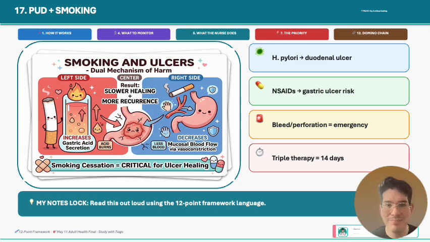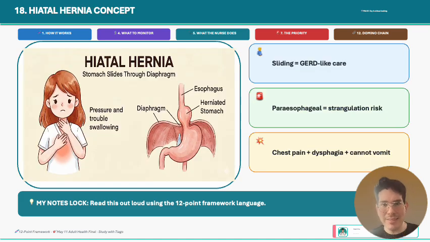Anyway, the common sliding type can act like GERD, right? Because the stomach and the lower esophageal sphincter position changes, making reflux more likely. Nursing care often looks similar to GERD teaching: small meals, head of the bed elevation, avoiding late meals, and reducing reflux triggers.